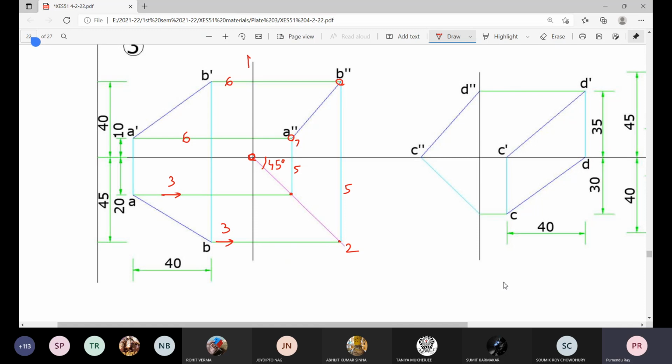So from B, draw a horizontal line, reach the 45-degree line. From that point of intersection, draw a vertical line indicated by line 5. And this is the second part of step 7. And this is step 8, join A double dash and B double dash. This is the view from left.